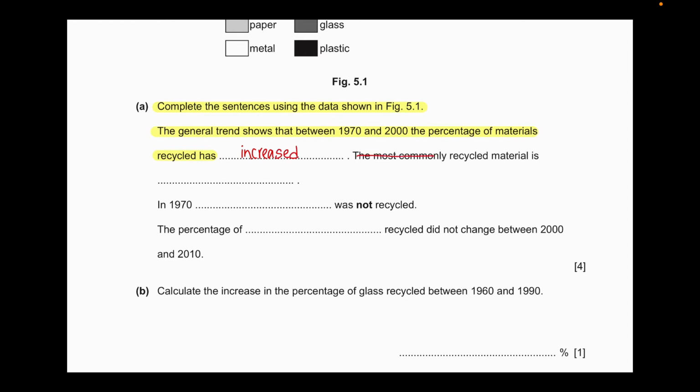The most commonly recycled material is paper. In the 1970s, plastic was not recycled.